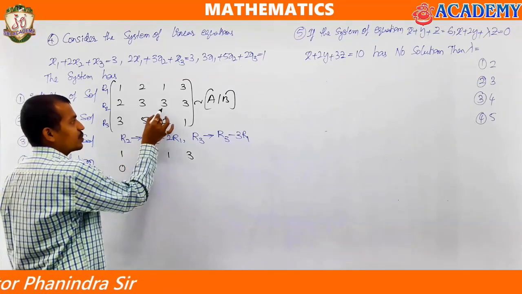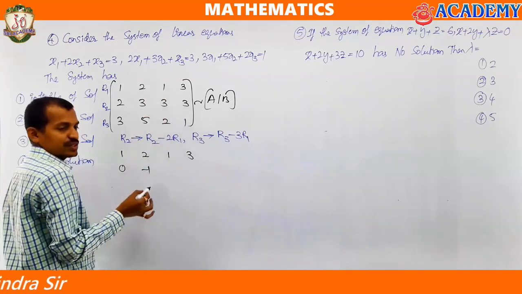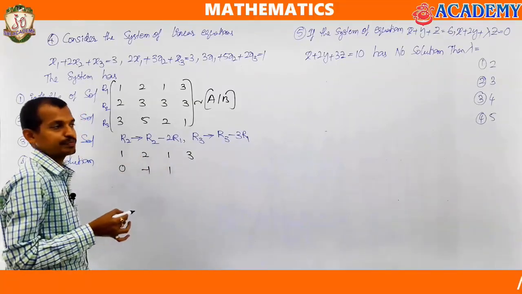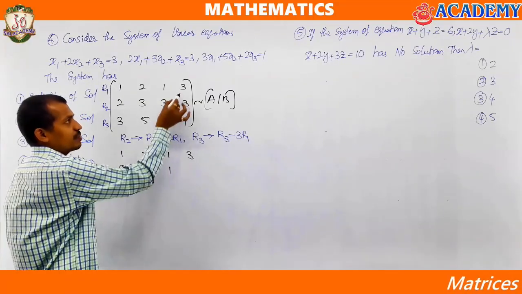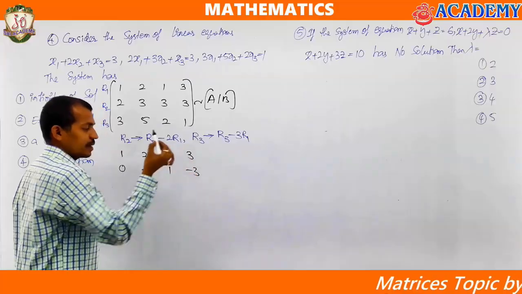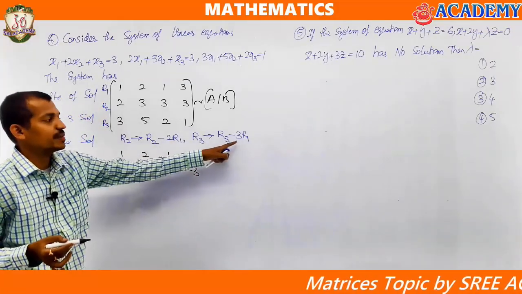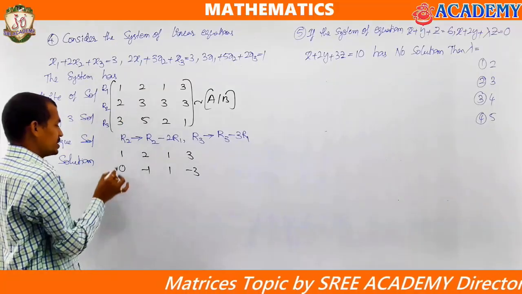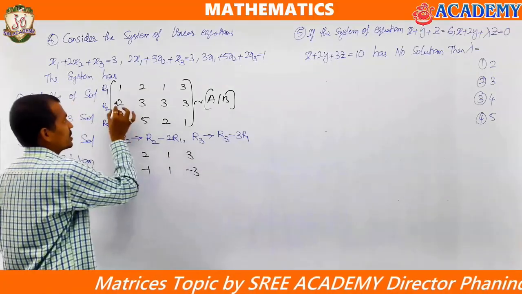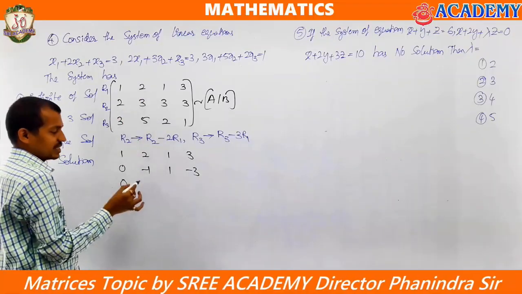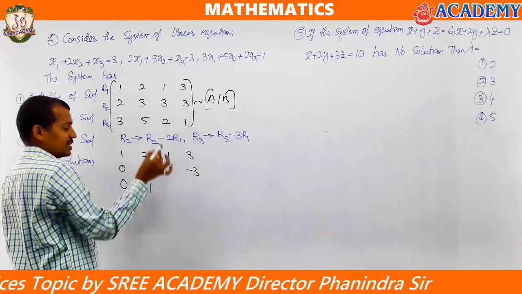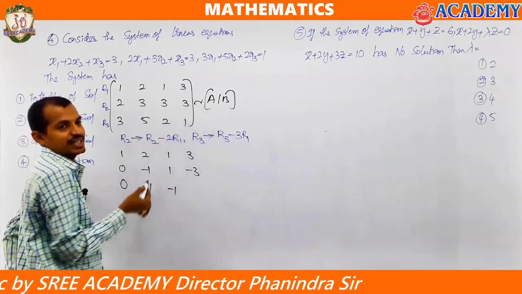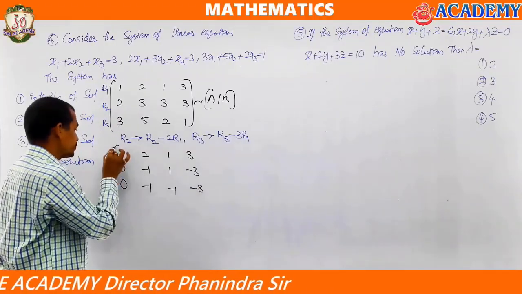Next 3 minus 2 is 1. Next 3 minus 6 is minus 3. Next R3 once again same, the new row is going to be 3, 6, 3, 9. 3 minus 3 is 0. Next 5 minus 6 is minus 1. Next 2 minus 3 is minus 1. 1 minus 9 is minus 8.